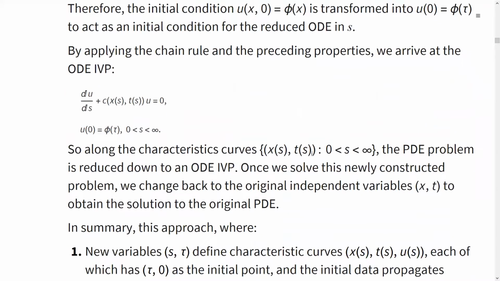So by applying the chain rule and the preceding properties, we arrived at this ODE initial value problem, which is easier to deal with than the original PDE initial value problem. Once the ODE initial value problem is solved, we change back to the original independent variables, and this method is known as the method of characteristics.